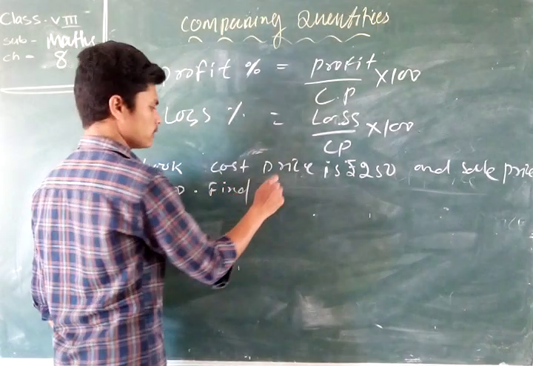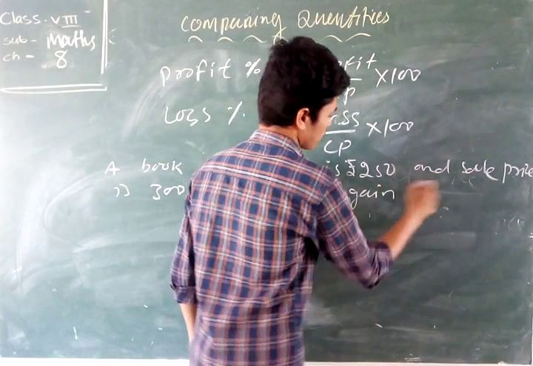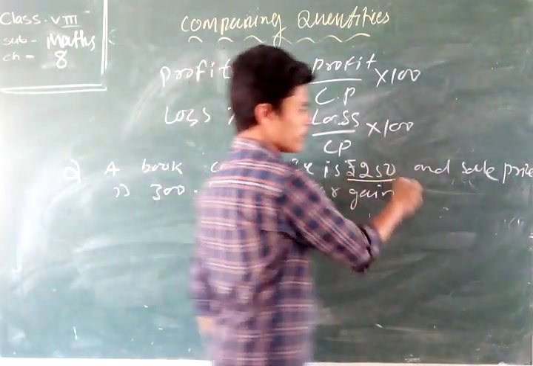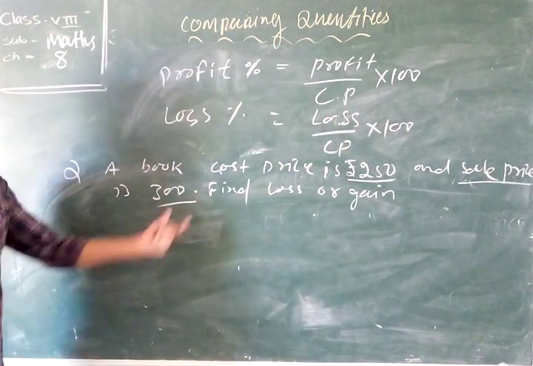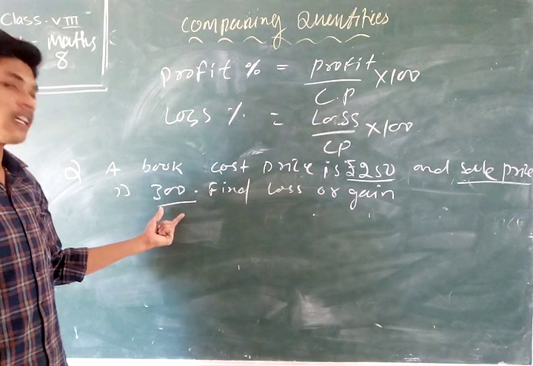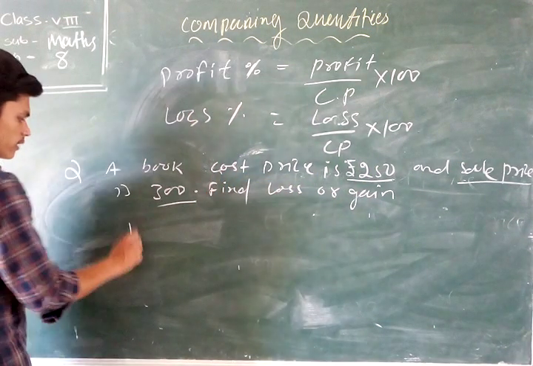Find loss or gain. The question is, a book's cost price is 250 and sell price is 300. We know that here the cost price is lower than the sell price. If the sell price is more, it is always a gain.